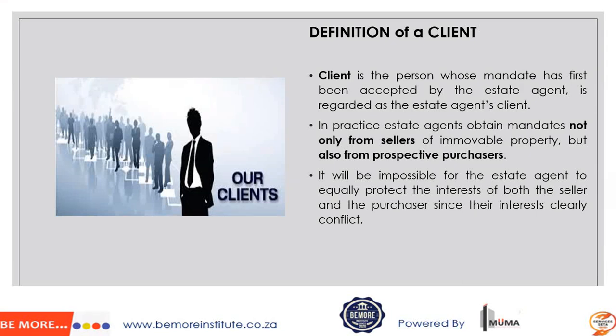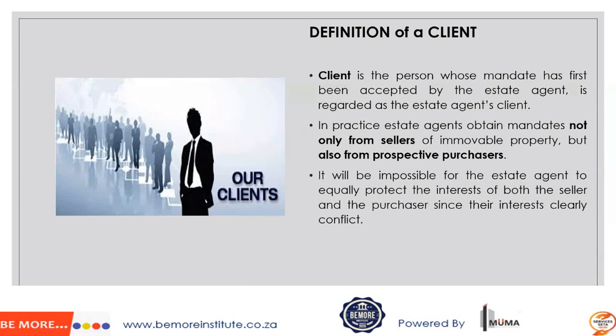But what I normally do with purchasers, because otherwise we will run up and down on the road with purchasers and you don't know if they're going to buy yes or no, is qualify my purchasers. We've got a bond originator. So you contact the bond originator and say, there is a purchaser, get all the information and check how much can they purchase.